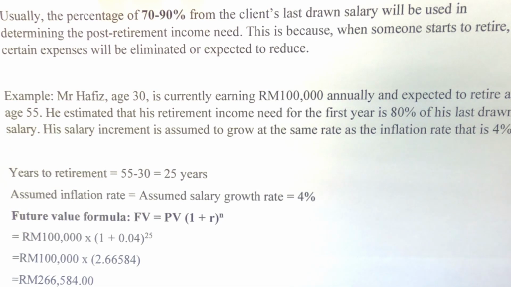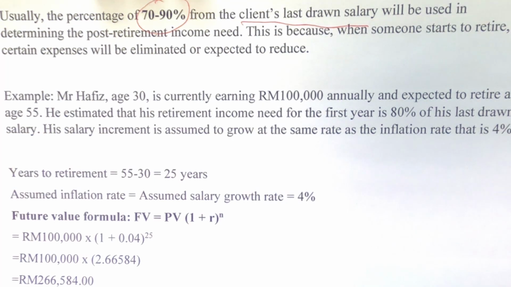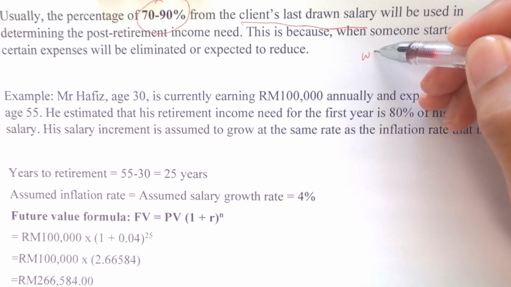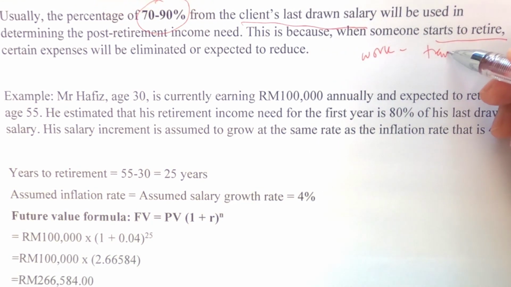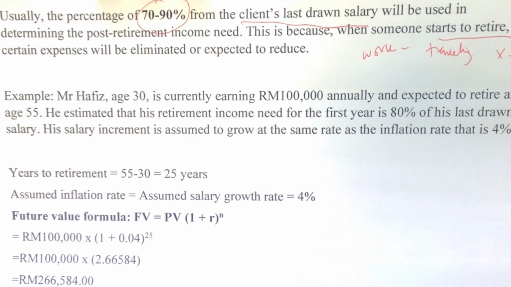In regards to the replacement ratio method, normally the experts suggest the percentage of the income needed at retirement is about 70 to 90% of the client's last drawn salary. And this is because when someone actually starts to retire, certain expenses will be eliminated or expected to reduce. For example, let's say someone no longer works, therefore the traveling costs from home to the working place will not happen anymore.